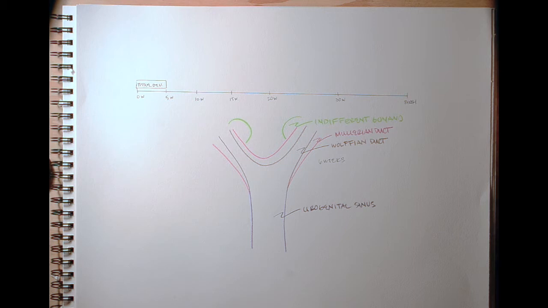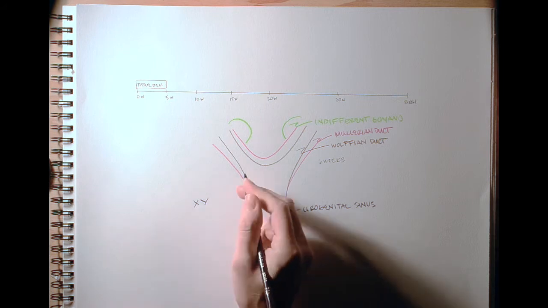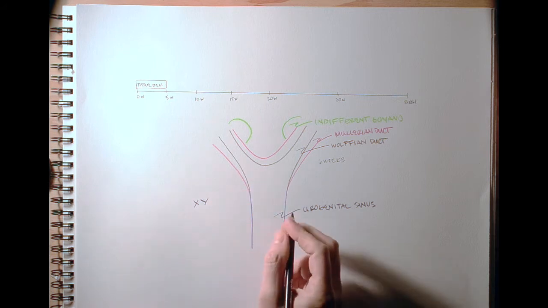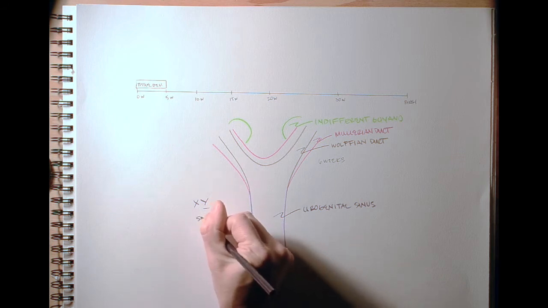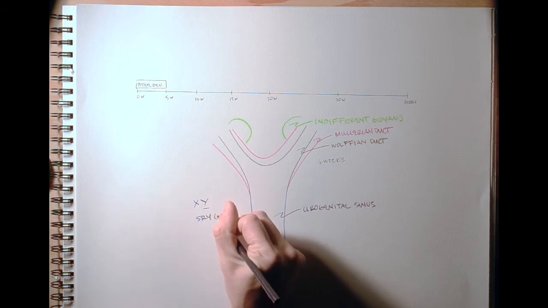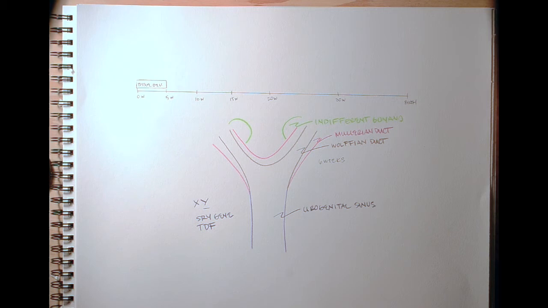And so again, in the genetic male, we're going to have an XY chromosomal profile. And on this Y chromosome, males are going to express a gene called the SRY gene. And this makes a factor called testes determining factor, or TDF.